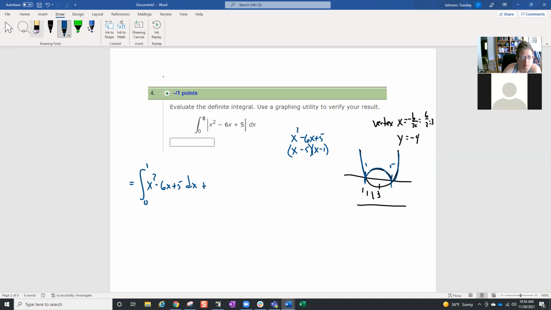And then from 1 to 5, it's the opposite. A regular parabola would be down here. If I use a negative, I flip it over the x-axis, and so it'll be this portion up above. So I'm going to subtract x squared minus 6x plus 5 dx on the portion that's flipped up, and then finish it out from 5 to 8.